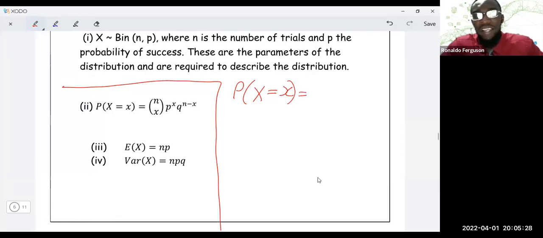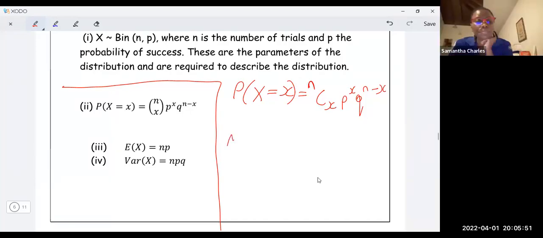It's given by n choose x, p to the x, q to the n minus x. That's the formula for the probability of X equal to x.